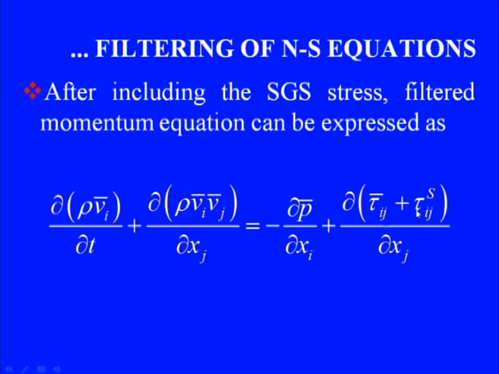Now τij bar is expressible in terms of the velocity strain rate tensor, and this τij s is something which we have to obtain using our subgrid scale model. But if you look at the form, this form is exactly the same as our original Navier-Stokes equation, except for this additional term on the right hand side which we would compute somehow and incorporate.